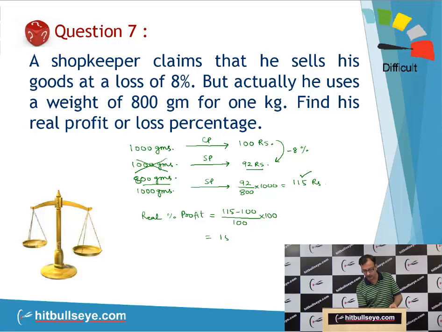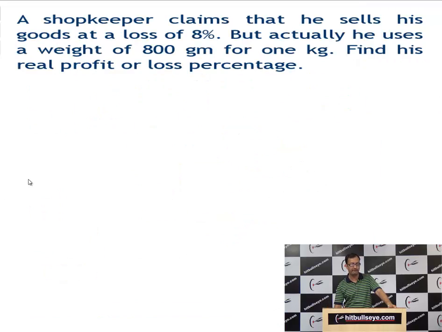So on solving, this comes out to be a real profit percentage of 15%. Now students, we can also solve this question by using some formulas, which use an additional formula of false weight. So let us also check that formula approach.